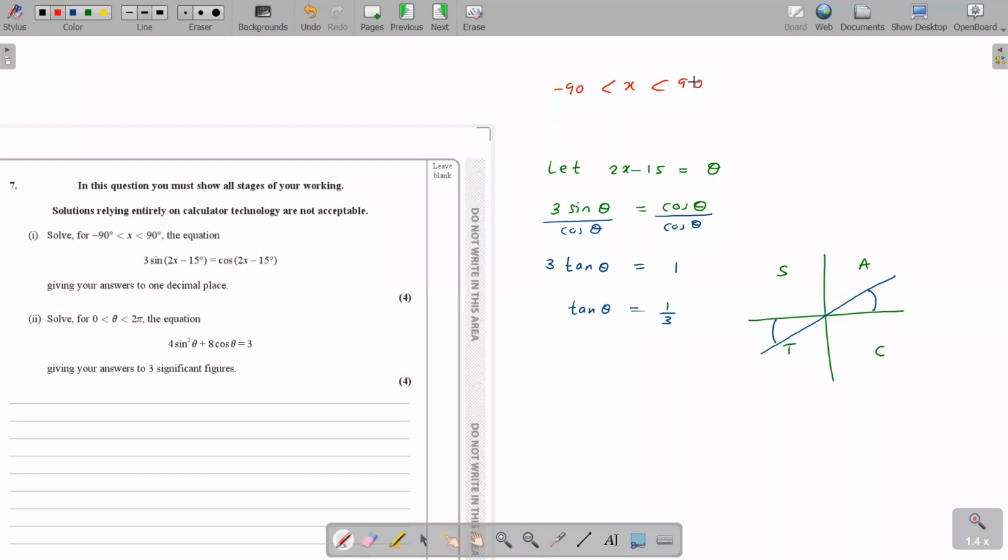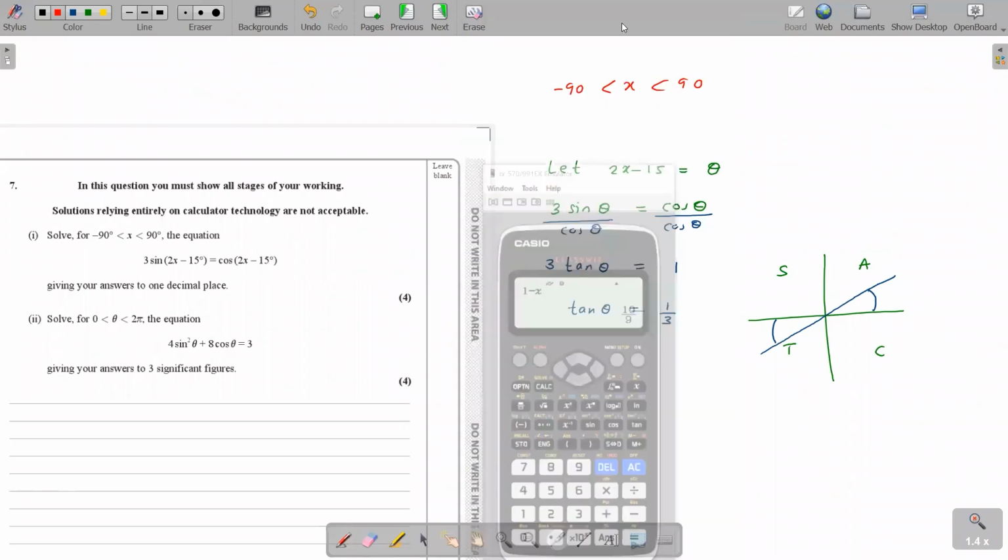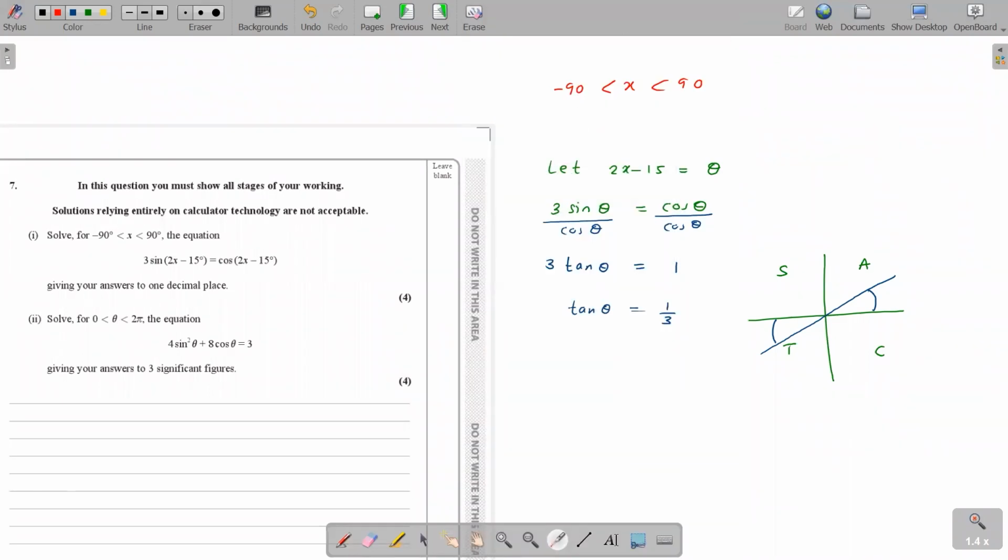So how do we get the theta range? Theta is 2x minus 15. Basically, you multiply the entire range by 2 and subtract 15. So multiply minus 90 by 2 and subtract 15: minus 90 into 2 minus 15. How much is it? Minus 195. Is that correct?